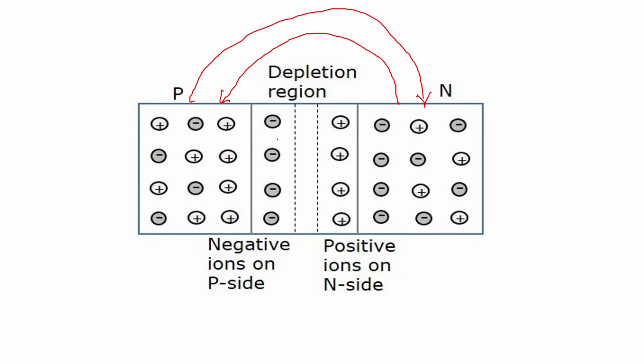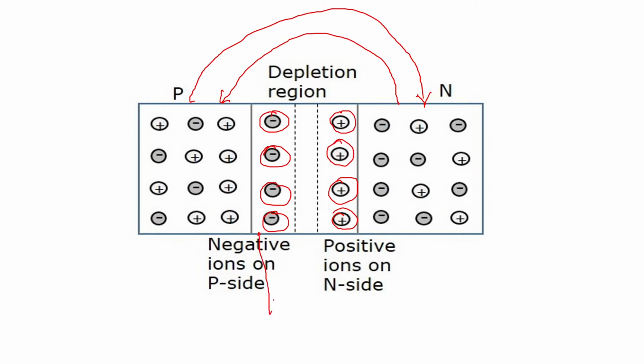On the p side layer you can see the ions which are formed are negative ions. These are not movable charge carriers. They will not help current to flow. And on the n side near the junction there are positive ions formed. These ions are only fixed carriers which will form an electric field here.